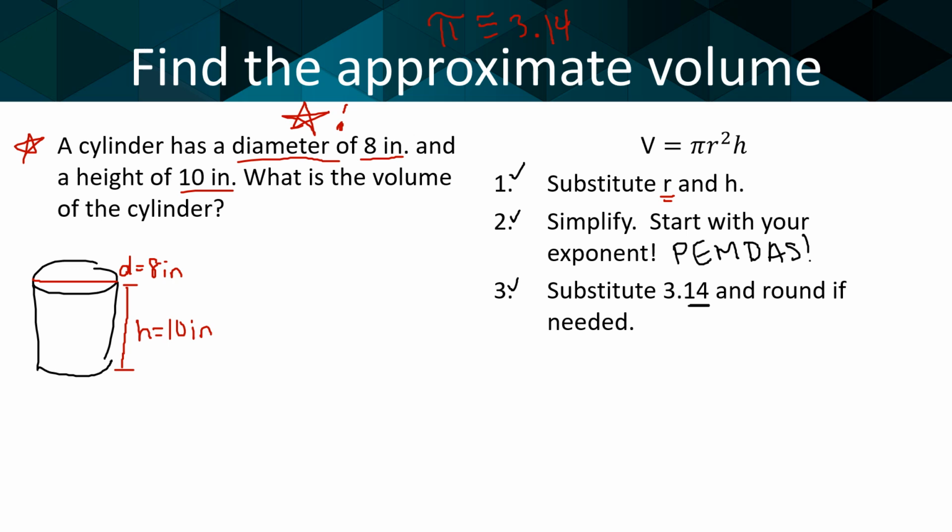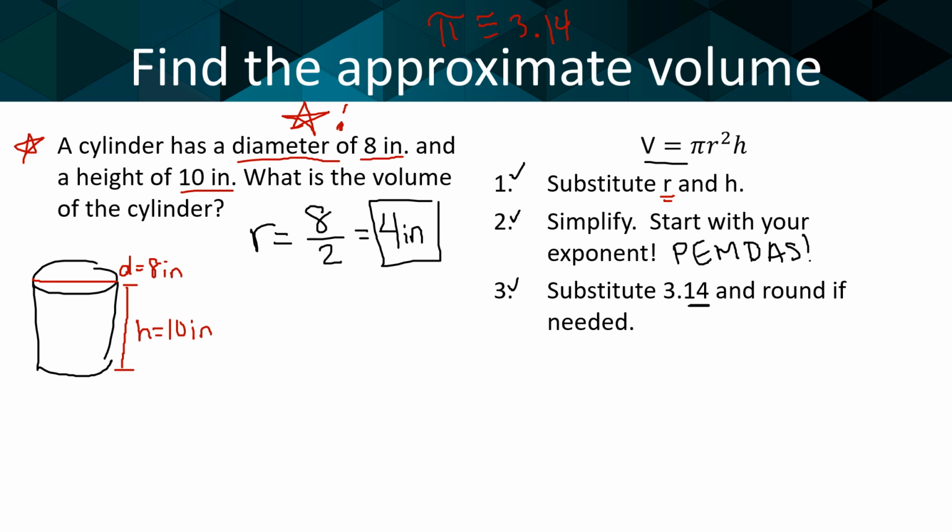Well, radius is half of the diameter. So our radius equals 8 divided by 2 because it's half of 8, which means that our radius equals 4 inches. This is the number we are going to substitute in our formula.